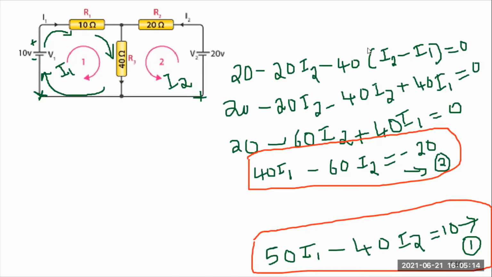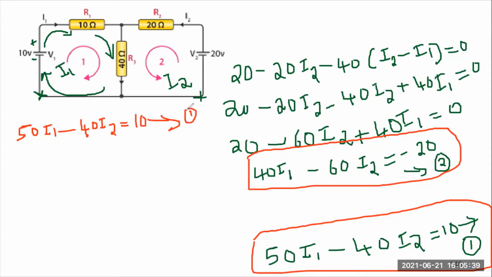So if you want, you can rewrite the two equations separately. For my convenience, I am going to rewrite them. First equation: 50I1 minus 40I2 is equal to 10.